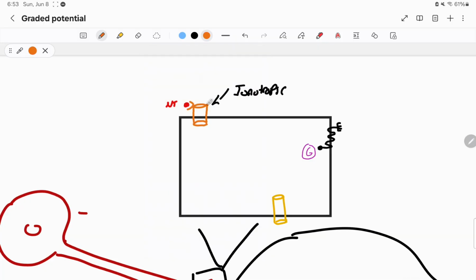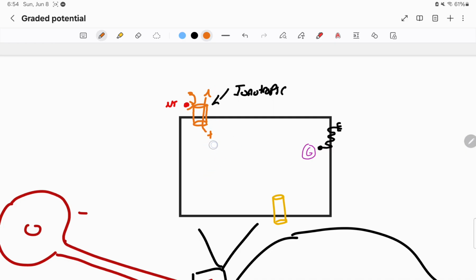This ionotropic channel is the same one that we were talking about in the last slide. It has a gate. As soon as the neurotransmitter binds, that gate opens, and since it's an IPSP, positive charges, such as potassium, will leave the cell to make the inside more and more negative.